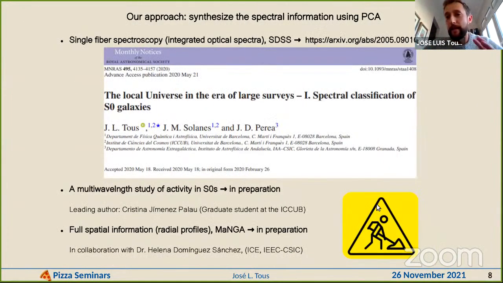More or less simultaneously, we wanted to contribute with our grain of sand to this cause. And before moving on to analyzing integral field spectroscopic data, we wanted to take all the possible profit from the single fiber spectroscopic data, as we realized that nobody else had done a work like the one we intended to do at that moment.